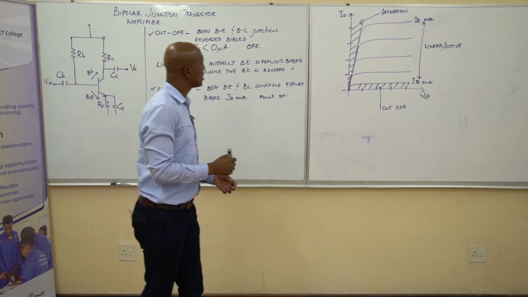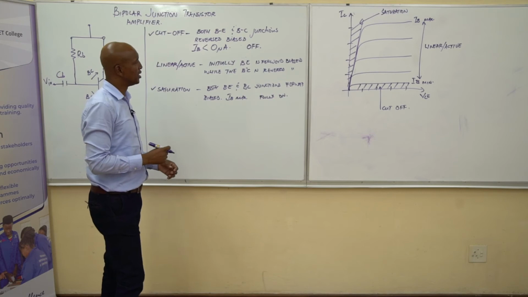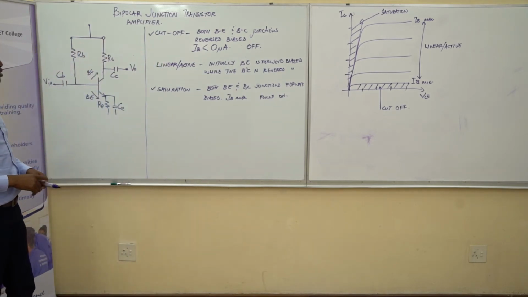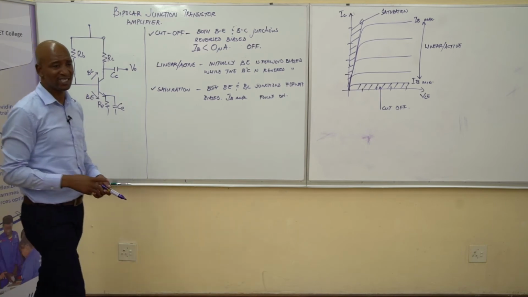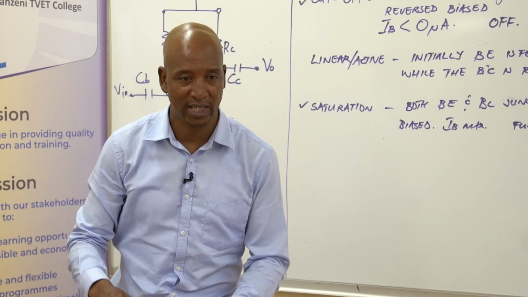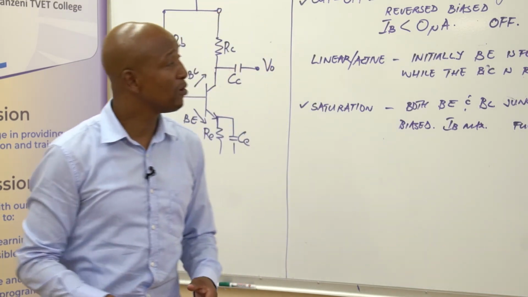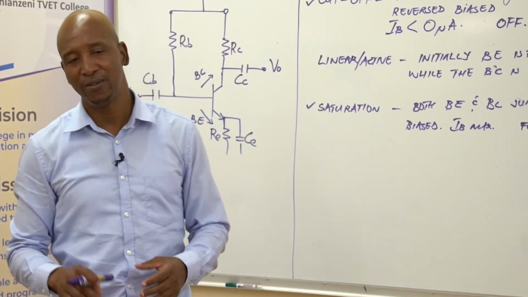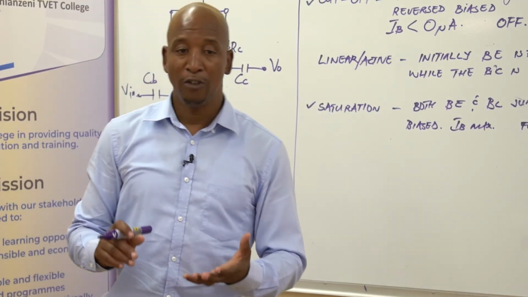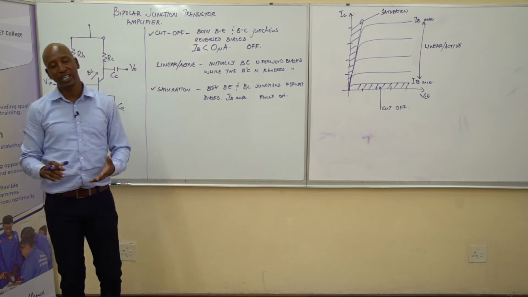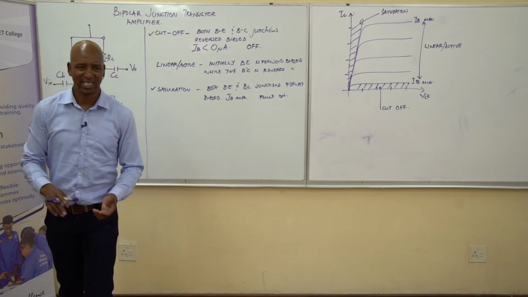So that will lead us to what we call biasing the transistor now. What do we mean by biasing the transistor? It simply is a method of establishing predetermined values of voltages and current at various points of a circuit so that we can be able to set an appropriate operating point for the transistors.